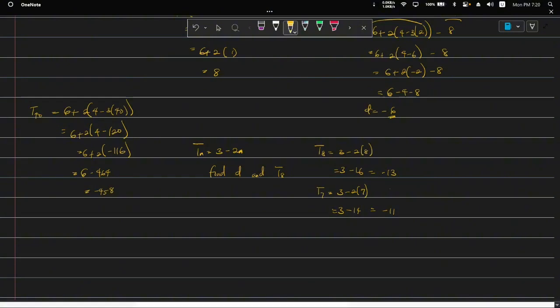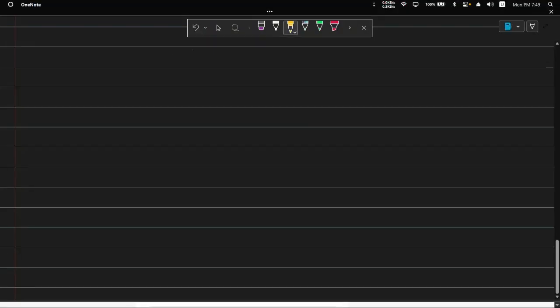Therefore, the common difference is equal to T8 minus T7, which is minus 13 plus 11, which is going to be equal to minus 2. Very, very easy. Yeah, let's take another example real quick.